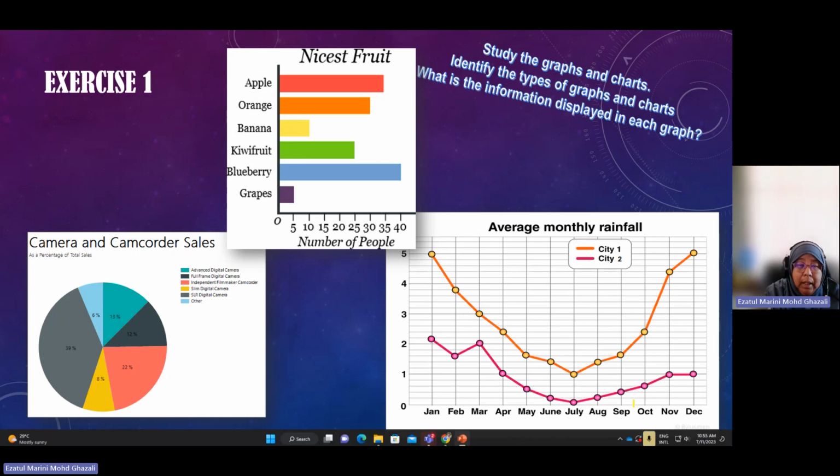So we can say that the highest rainfall of City 1 is 5 in January and also December, and the lowest will be 1 in July, whereas the lowest for City 2 is 0 in July, and the highest is 2.3 in January.